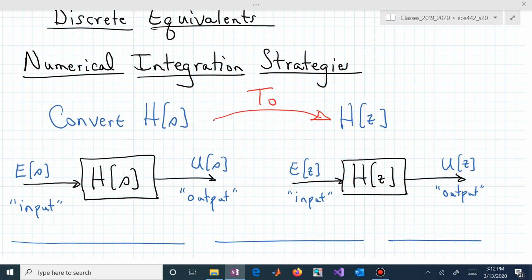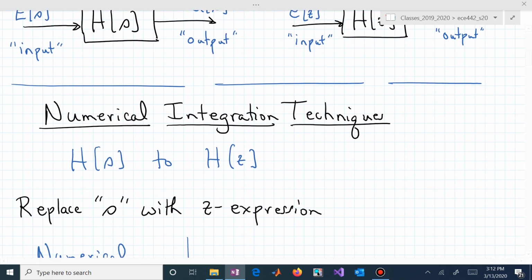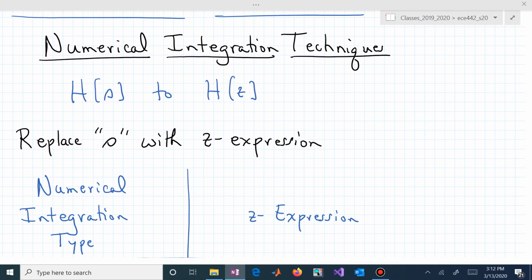We don't have any other dynamics that we want to incorporate into this discrete equivalent in going from the continuous time setting, or converting capital H of s to capital H of z. We just want to make that immediate substitution or more direct substitution, and this is what we were calling scenario number 1.